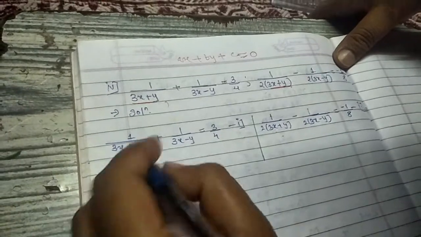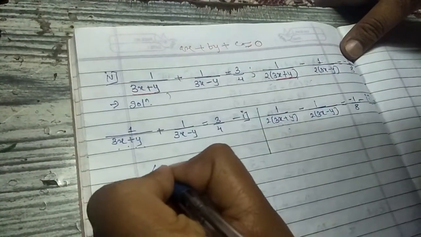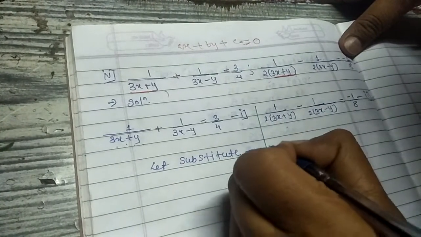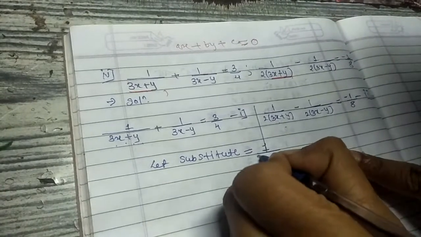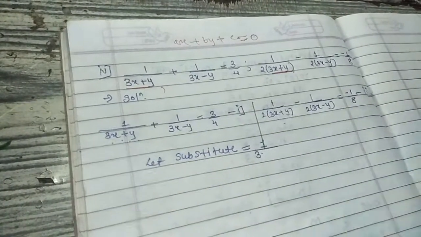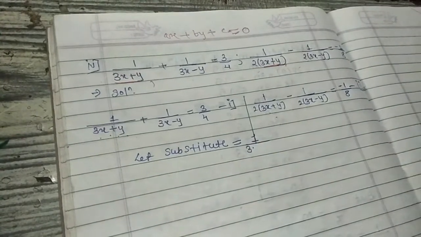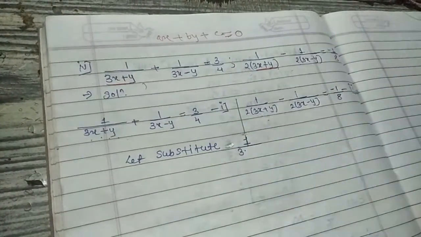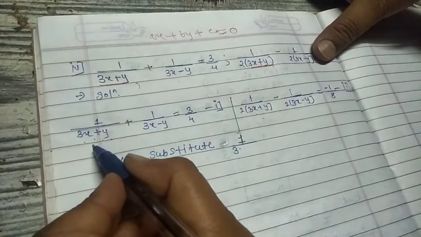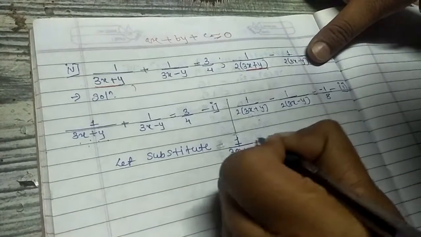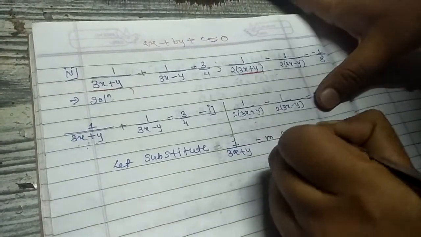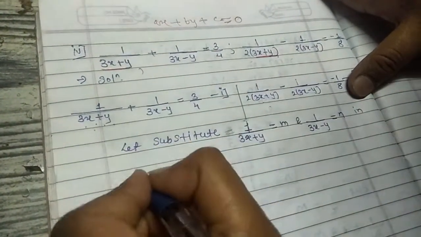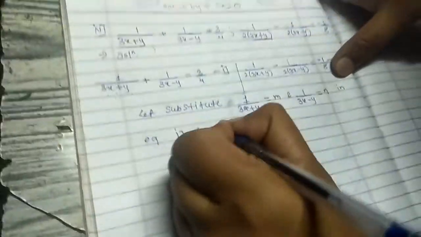So here we are going to say, let us substitute: the first one is 1 upon 3x plus y is equals to m, and 1 upon 3x minus y is equals to n, in equations 1 and 2.